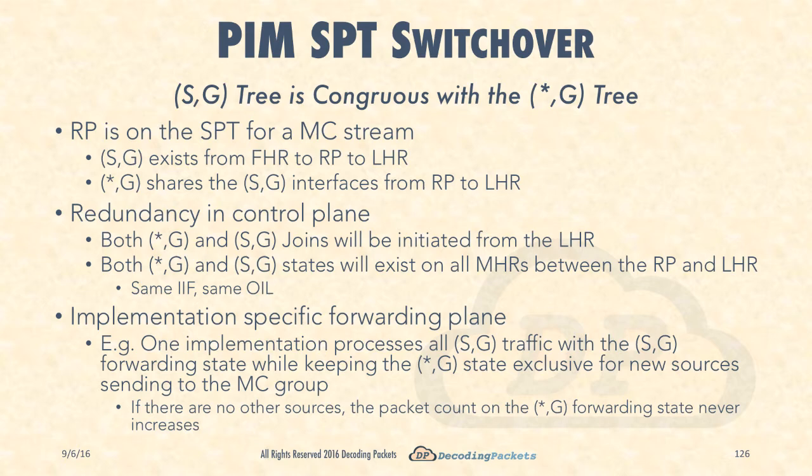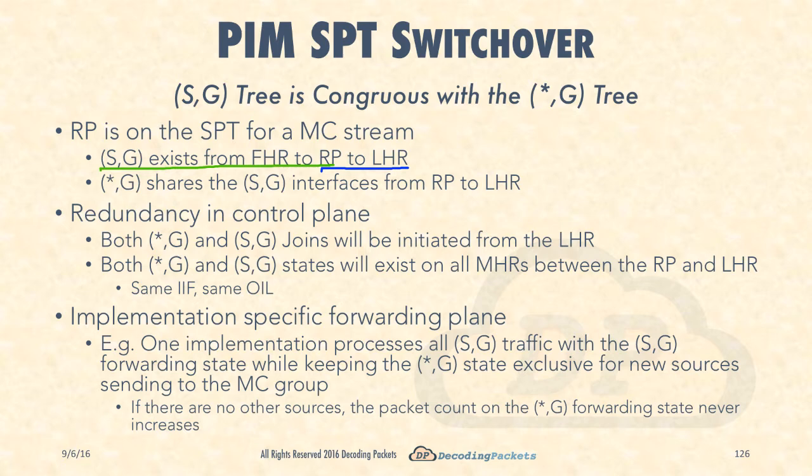There is an S,G tree that exists all the way from the FHR to the RP, and then the RP to the LHR, because the RP just happens to be in the path. What the RP is now doing is adding an extra interface to the oil of the S,G it already had, whereas previously it may have been a stub tree with no exit interfaces.